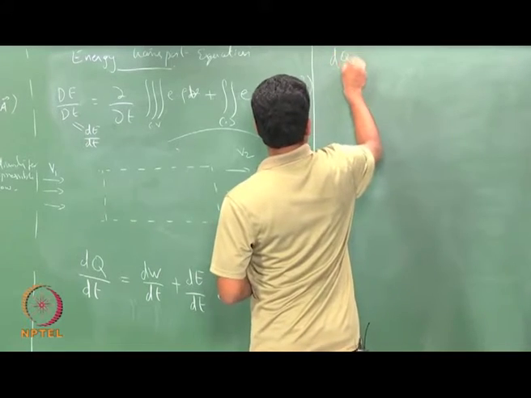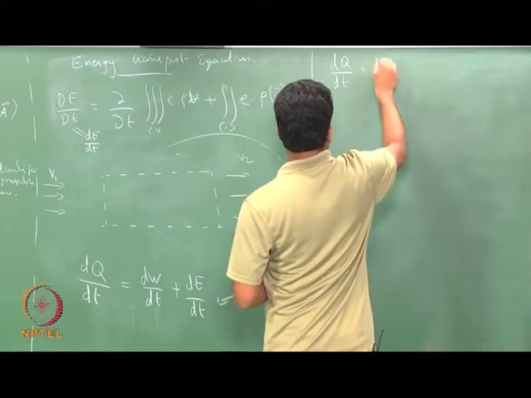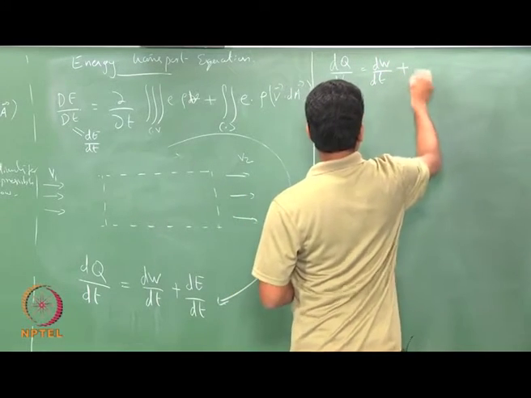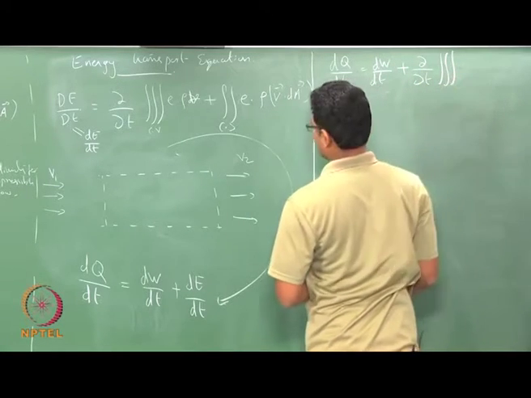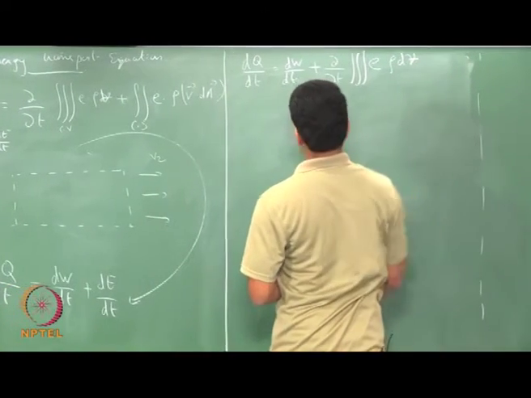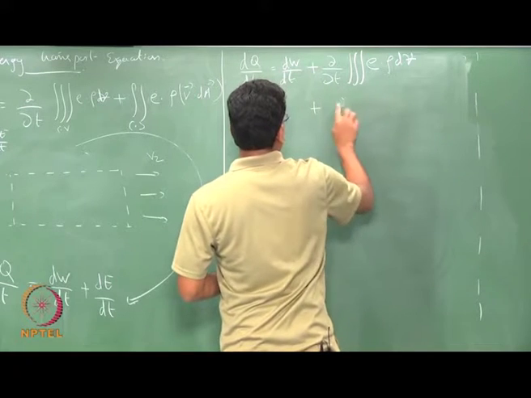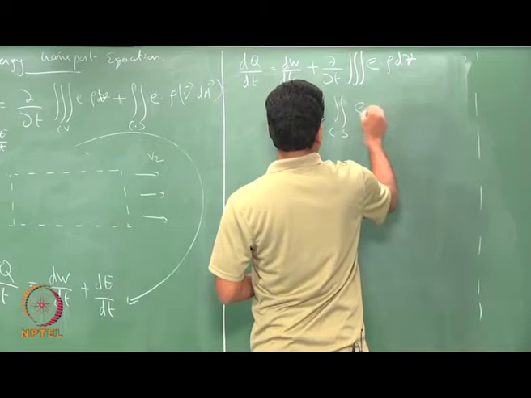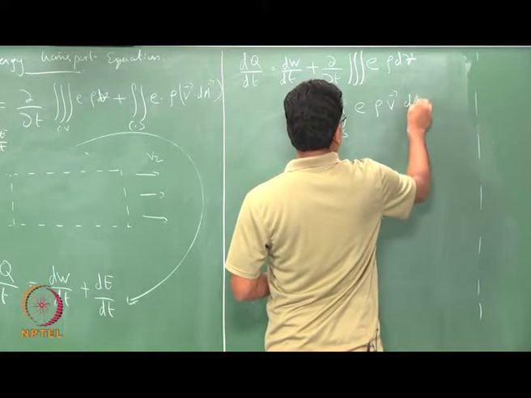So, you have dQ by dt equals dW by dt plus ∂/∂t of the triple integral of E rho dV plus the surface integral over the control surface of E rho V dot dA.